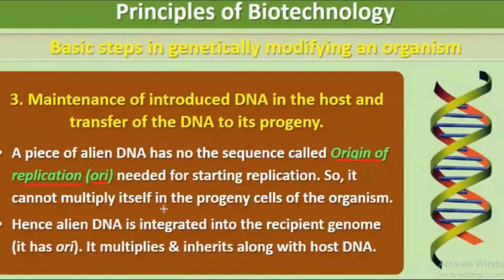So, it cannot multiply itself in the progeny cells of the organism. Hence, aligned DNA is integrated into the recipient genome. In the recipient genome, ORI is there. It multiplies and inherits along with the host DNA.